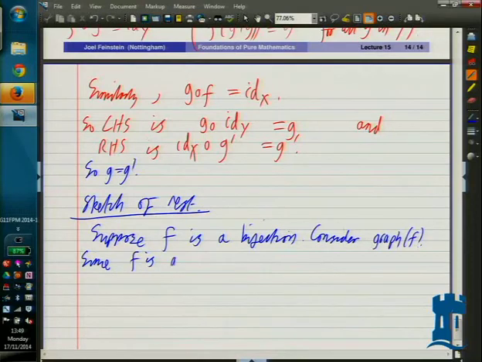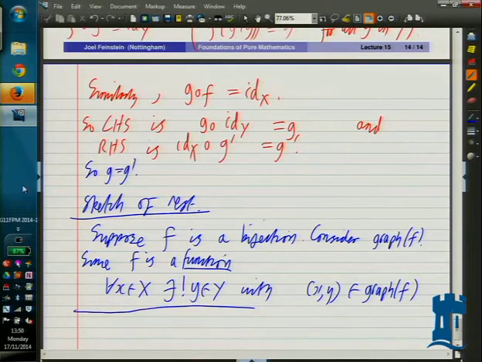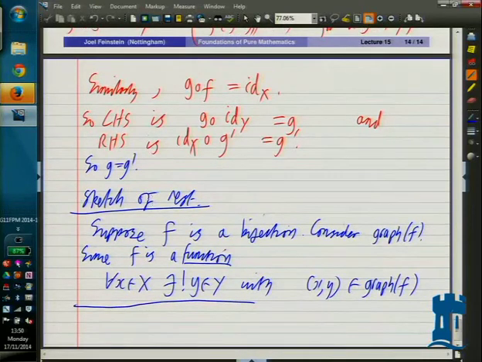Since f is a function, we have, for all x in X, there exists a unique y in Y with f of x equals y. So that's with (x, y) in the graph. That's true for all functions. But because it's a bijection, it's true the other way around as well.